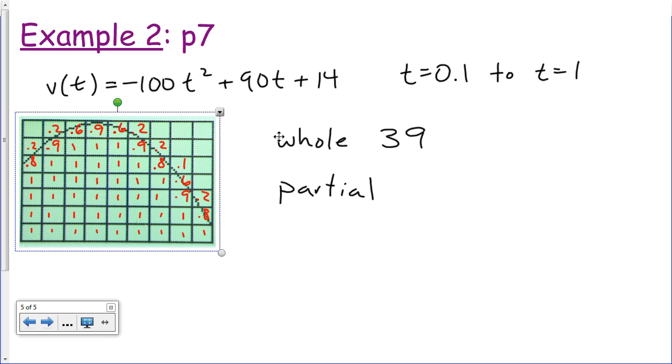So we have 0.8 plus the 0.2, starting on the left here, is 1, 1.9, 2.1, 2.7, 3.6, 4.2, 4.4, 5.3, 5.5, 6.3, 6.4, 7.0, 7.9, 8.1, and 8.9.